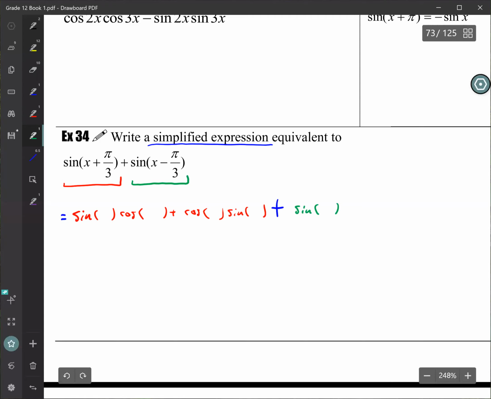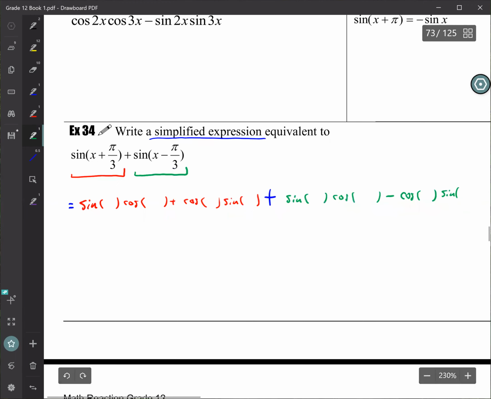Sine, minus this time, sine. Okay, and then you just fill in the angle that they give you, okay? The A, B, fill them in.